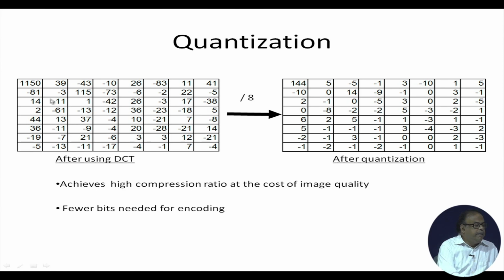Here if I divide each of these elements by 2 raised to 3, that means 8, I will get such values. You can see 1150 divided by 8 is not exactly 144, okay, and 39 divided by 8 is 4 point something, but we make it the nearest rounding, so it is 5. So, after quantization I get this.